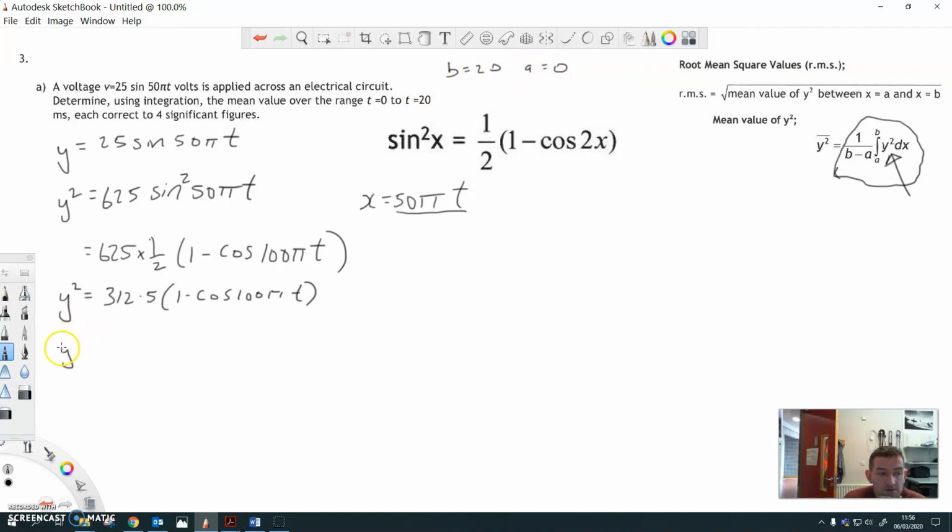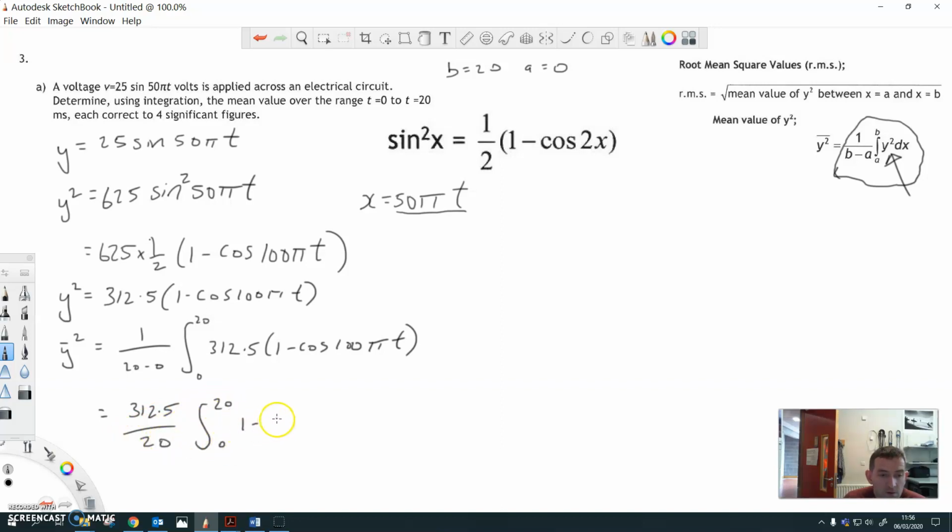So, to get the average value, we're going to integrate 1 over B minus A, times the integral between 0 and 20 of 312.5 times 1 minus cos 100 pi t. Now, we can take the 312.5 outside, and that will become 312.5 over 20 times our integral, 0 to 20, of 1 minus cos 100 pi t dt, right?